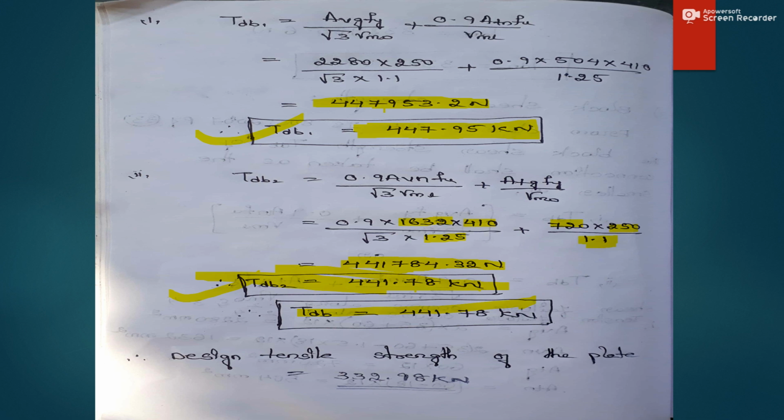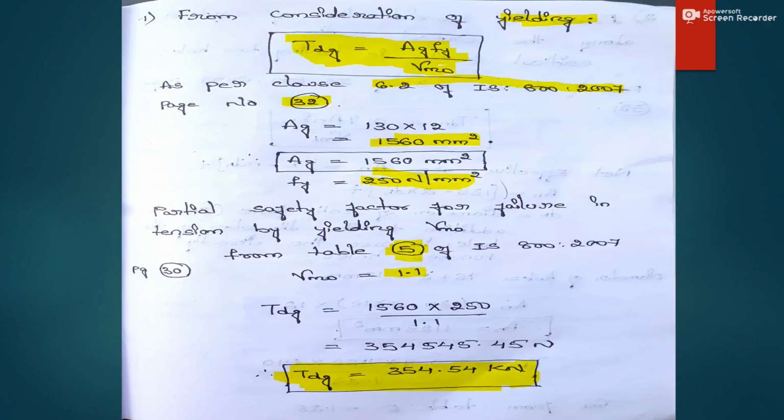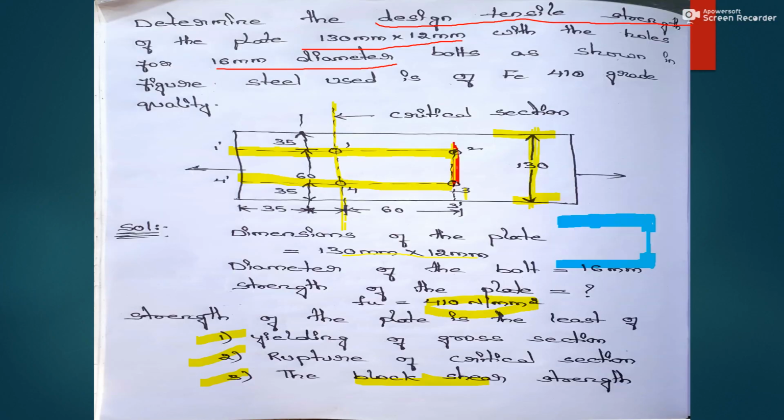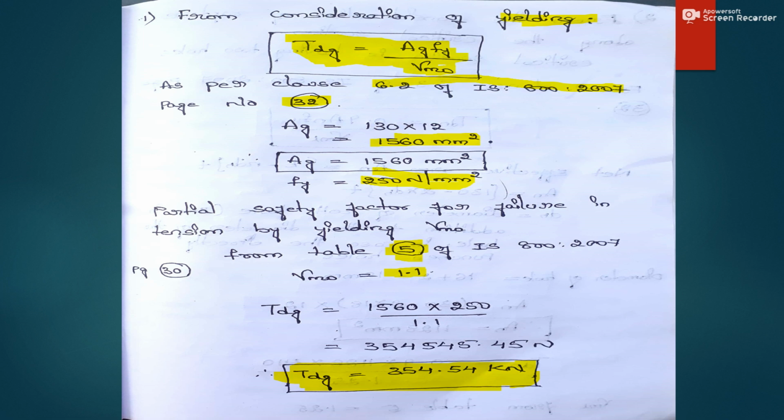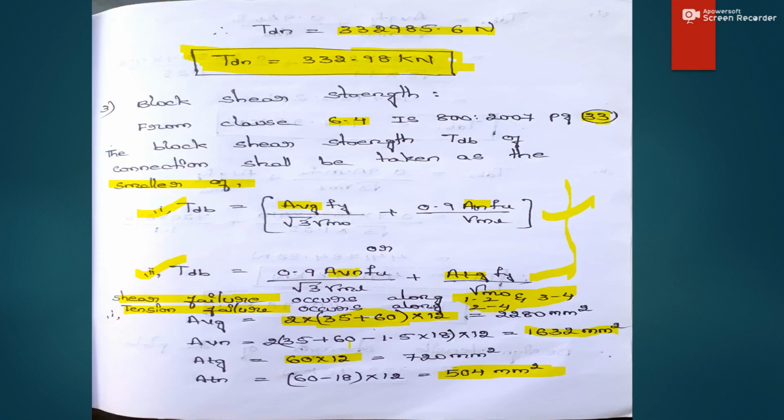So now the final step, what is the tensile strength of the plate, we need to see. So now going back to the first calculation, yielding, how much did you get? Yielding 354.54 kilonewtons. So rupture, how much? 332.98 kilonewton.